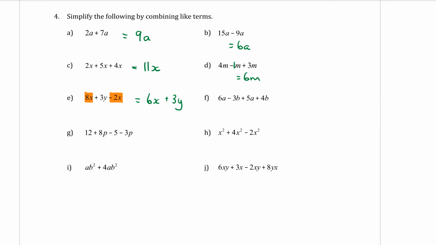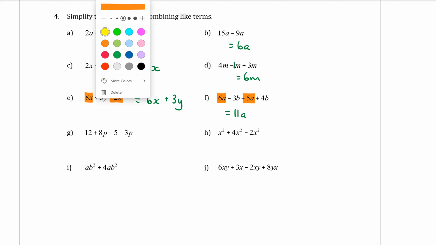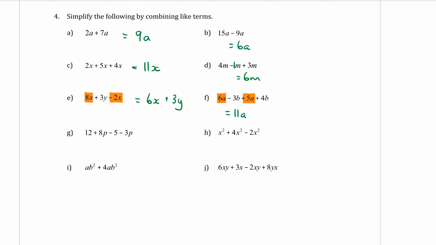Part F, 6a minus 3b plus 5a plus 4b. So the a's will go together. 6a plus 5a. 6 plus 5 makes 11. 11a. Then we need a different colour because the b's are different. Minus 3b plus 4b.